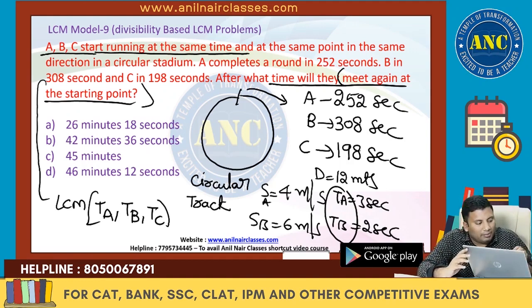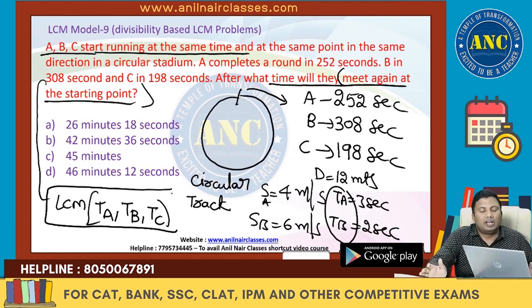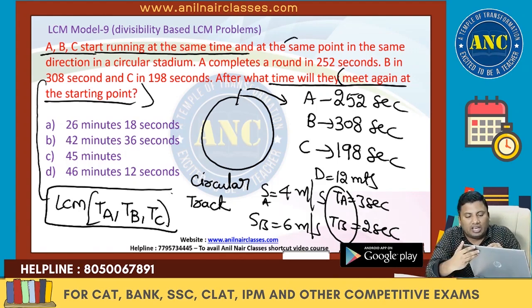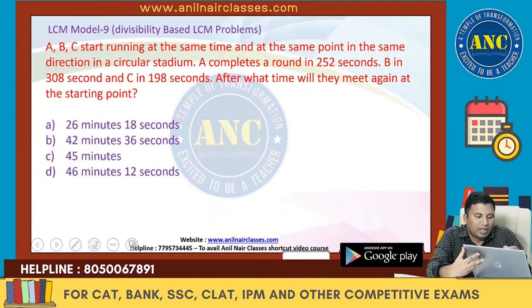So the time taken to meet again at the starting point is nothing but the LCM of TA, TB, TC. If three people are starting from the same point and in the same direction, the time taken to meet again at the starting point is the LCM of TA, TB, TC. I will discuss this again in time, speed and distance, after linear track, circular track.